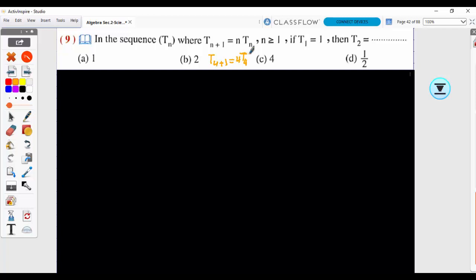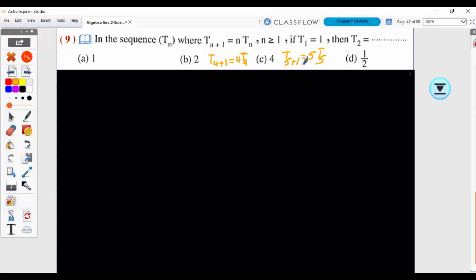Note the relation between the two sides here. If you wanted to find T6, you have to write it in the form T5 plus 1, so its value equals 5 multiply T5.